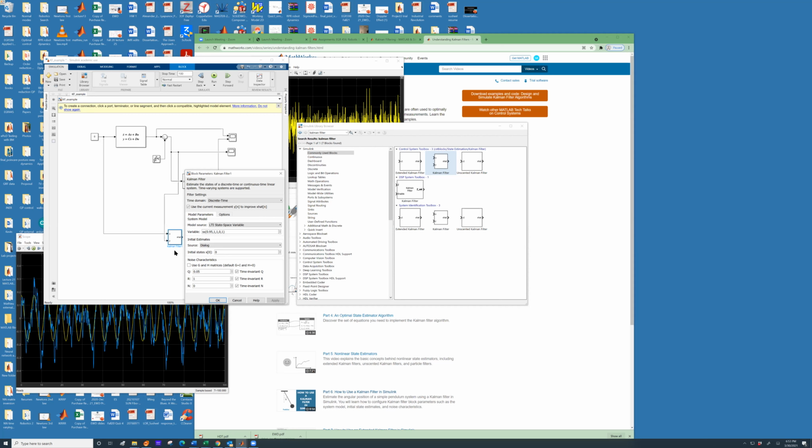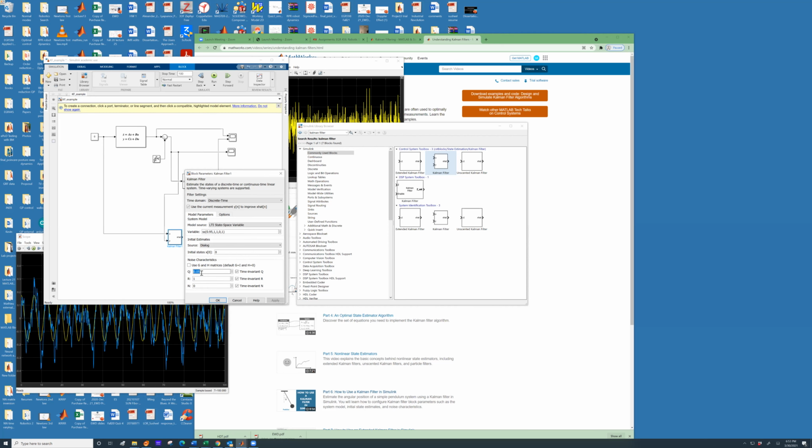So you have the process noise and the sensor noise. Q is the process noise, and R is the measurement noise. So remember this, R is the measurement noise and Q is the process noise.